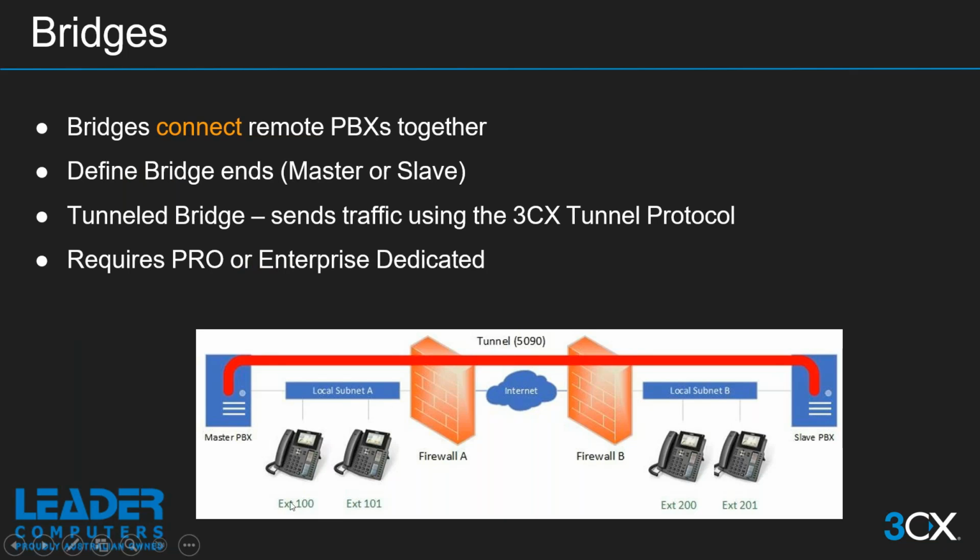So now extension 100 can dial extension 200 internally using the tunnel bridge, rather than calling from the extension to the main business number through the trunk to the outside world and through the trunk to the 3CX again on the slave PBX.